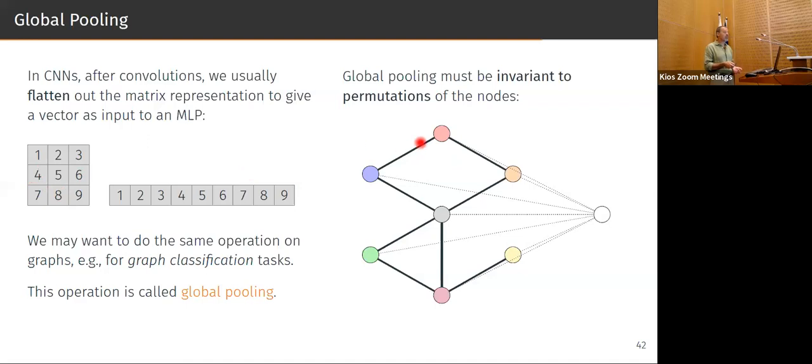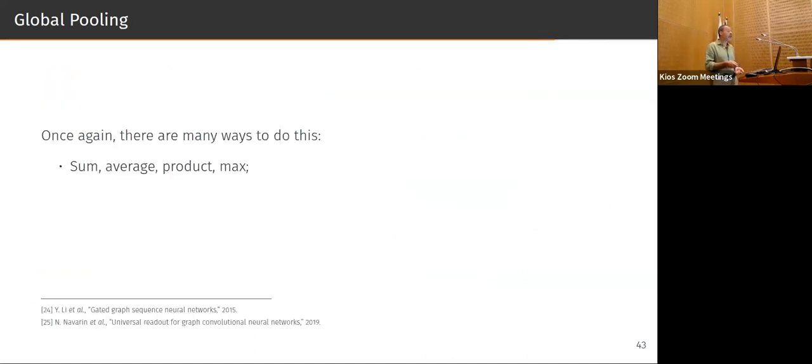Okay, so what you want to do now is something very similar with a graph. You start from a graph, and you want to generate a new graph or a scalar, a vector that at the end of the day will be fed into the multi-layer perceptron. How do you do that?